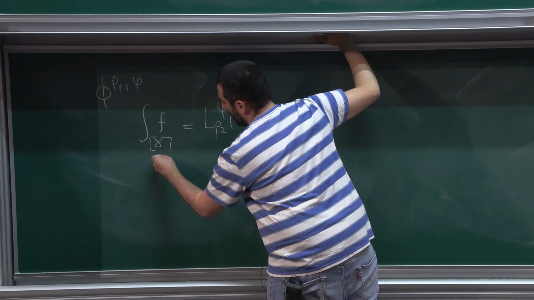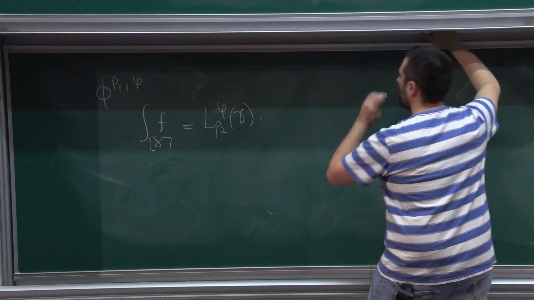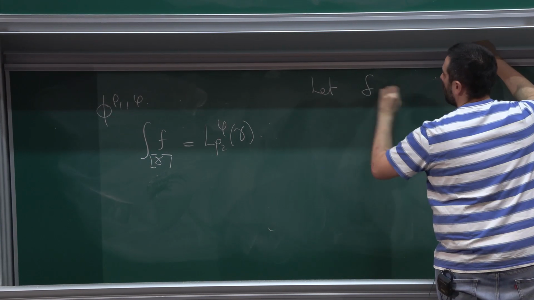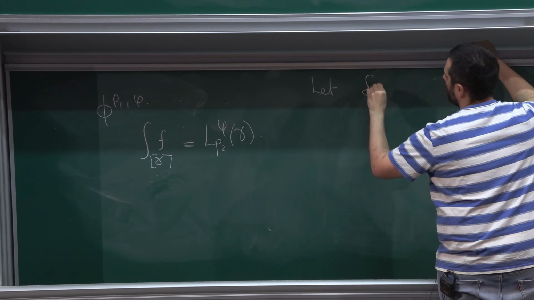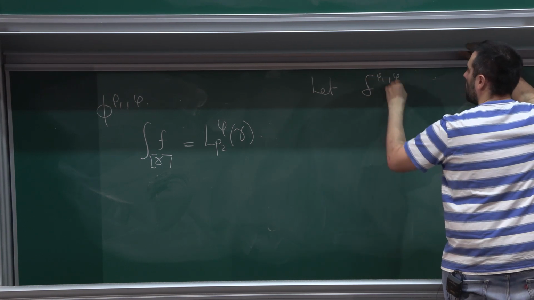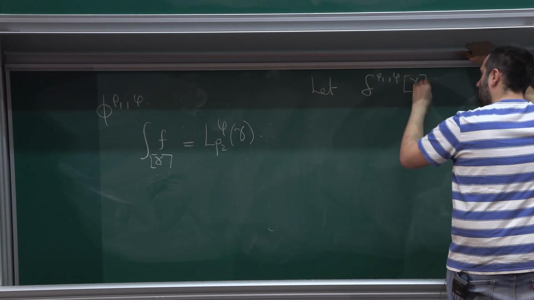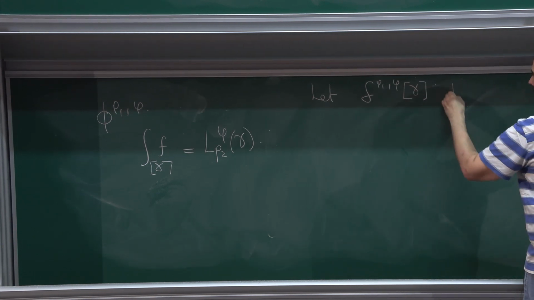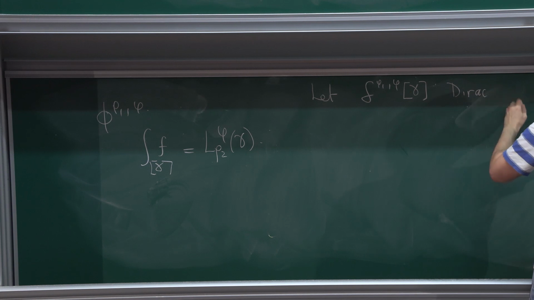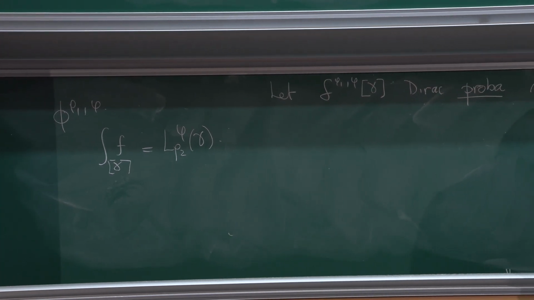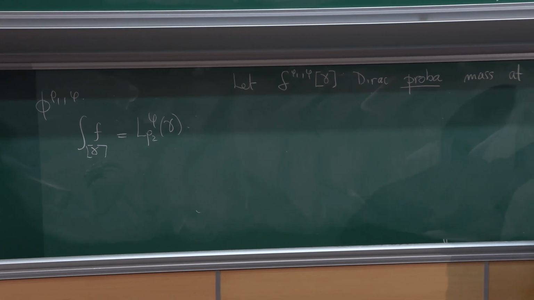Actually I can write this down differently. So this integral, I will write it like this. So let delta of rho 1 phi be the Dirac probability mass at the periodic orbit.